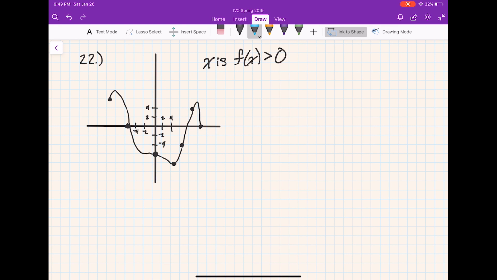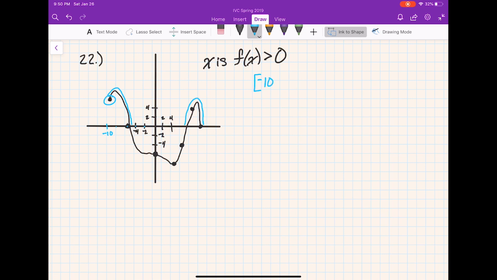Well, you look here, wherever anything is above the x-axis, that means our y value is greater than 0. So here we have negative 10 included, that's why I'm using this squared off bracket, because that is a filled in dot.